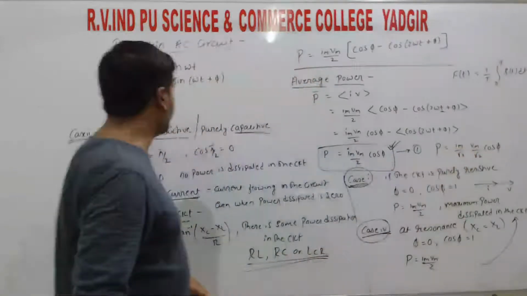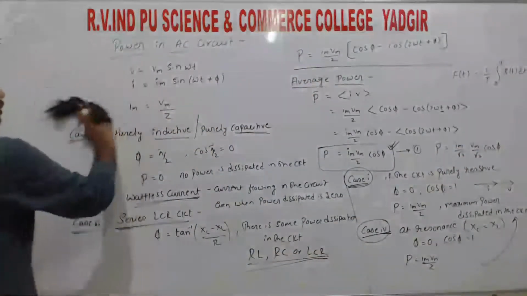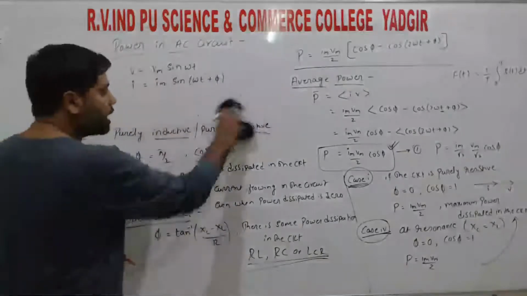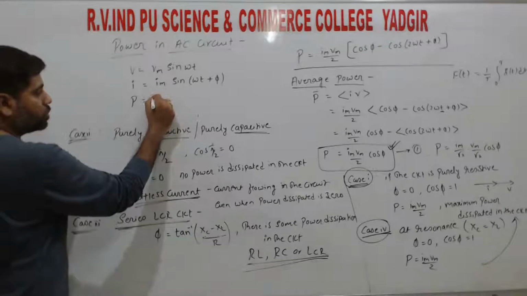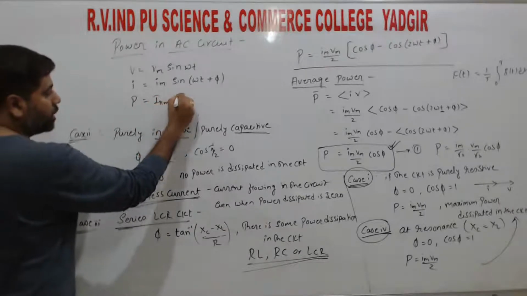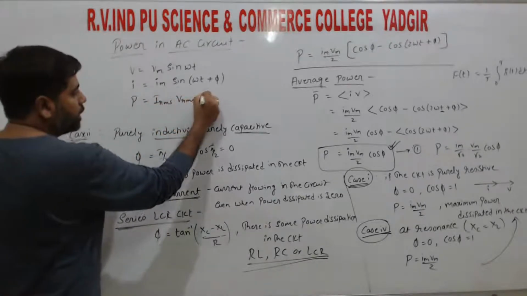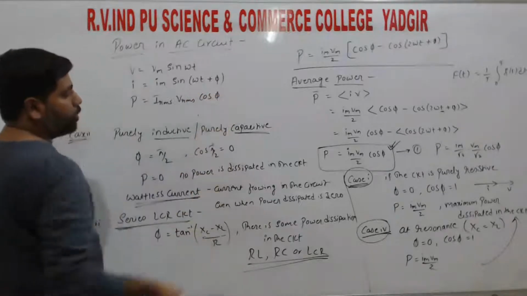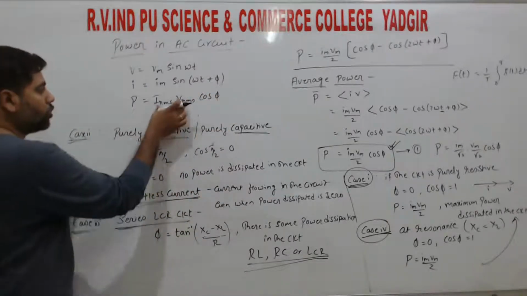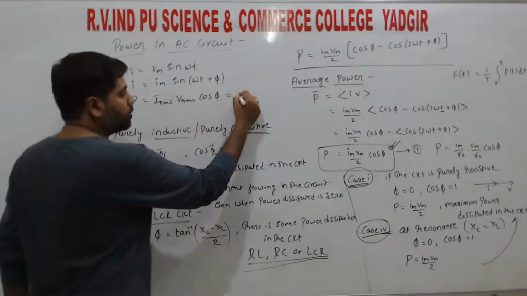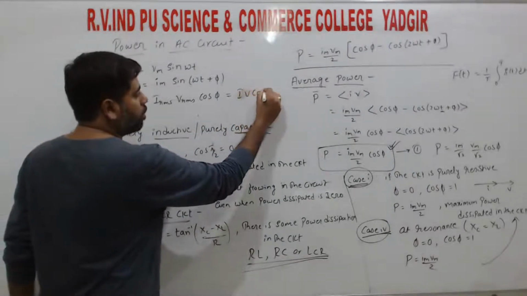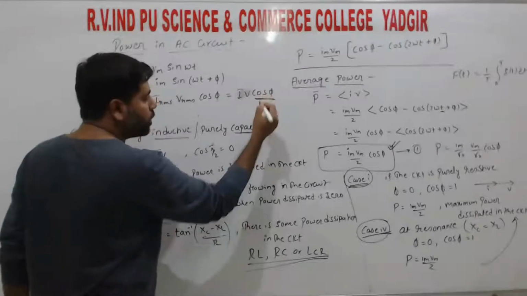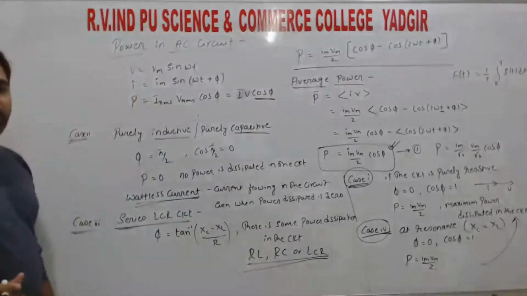Those values we call RMS values, right? So power is equal to IRMS into VRMS into cos phi, right? Or we can write this as I into V cos phi, where cos phi is called the power factor.